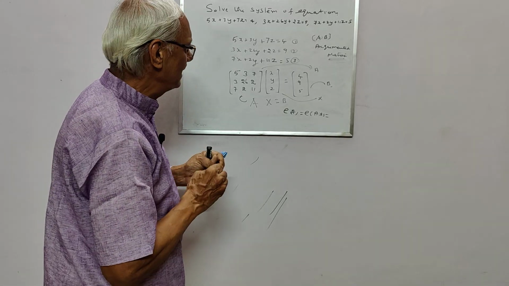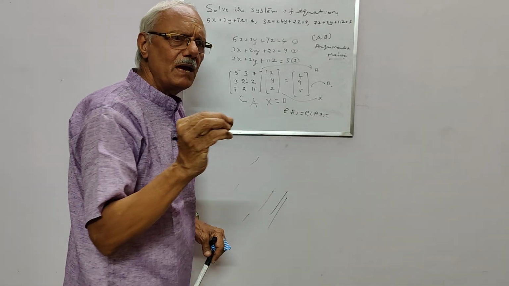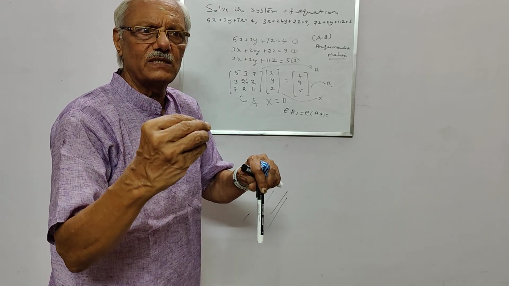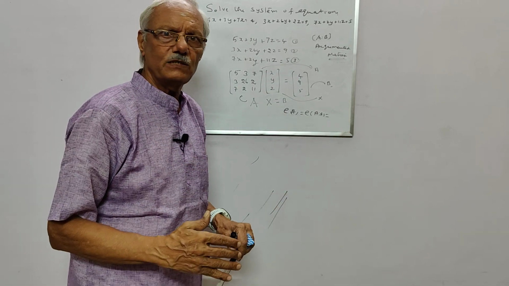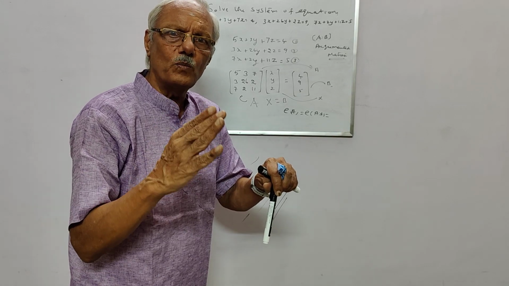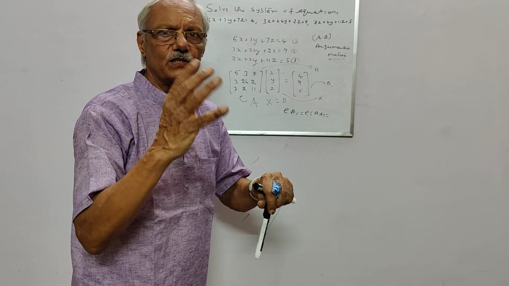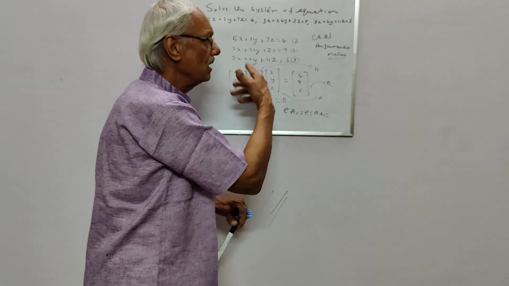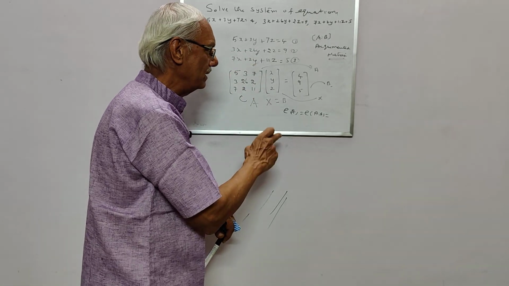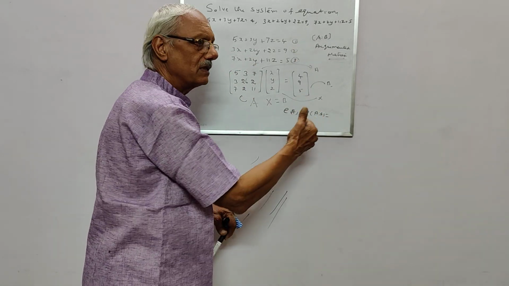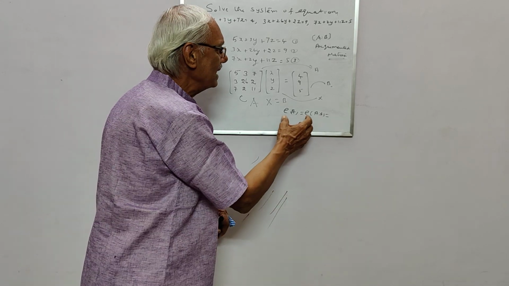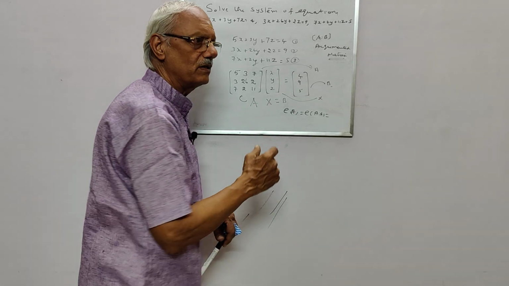The matrix A is nothing but collecting the coefficients of x, y, z from the three given equations and forming a matrix. Can you catch what I am telling you? Then your B is nothing but the constants on the right hand side of the equations.